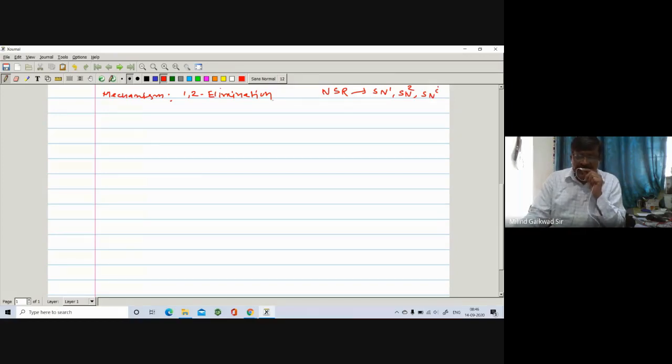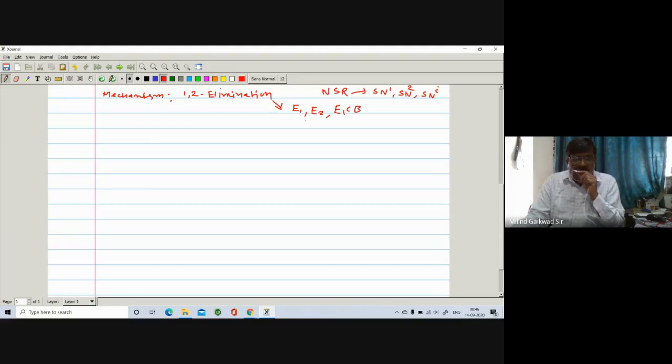And this 1-2 elimination reaction can also be explained by three mechanisms, just like SN1 the E1 mechanism, just like SN2 the E2 mechanism, and you have the E1CB mechanism. So this above reaction you have to explain by the mechanism. So there are three mechanisms.